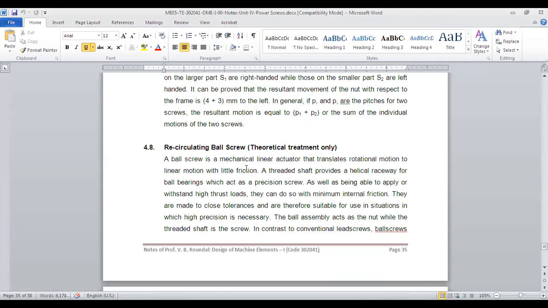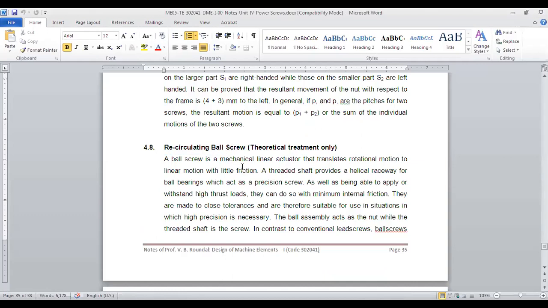Now let's see what is a recirculating ball screw. A ball screw is a screw where we use balls, right? And why recirculating? Because we cannot supply an infinite number of balls, so we use the same balls by recirculating them.